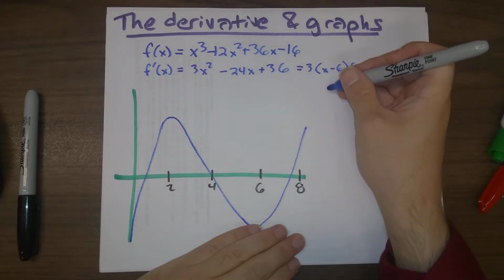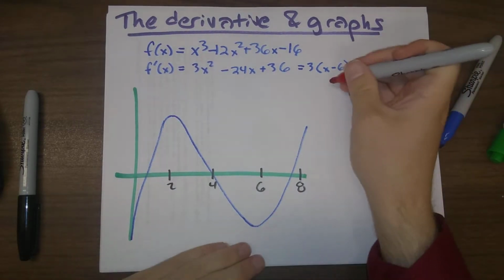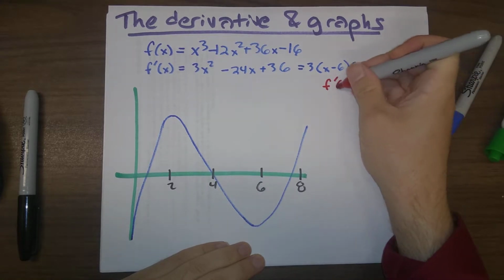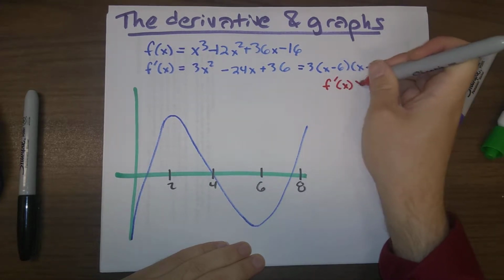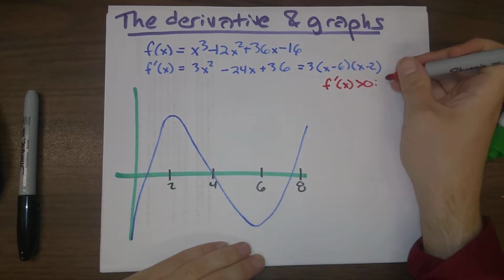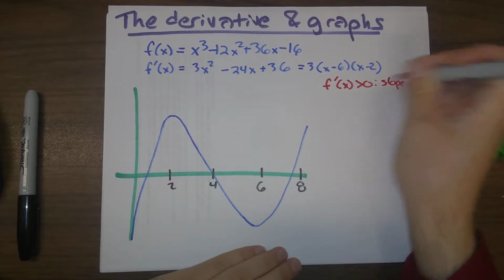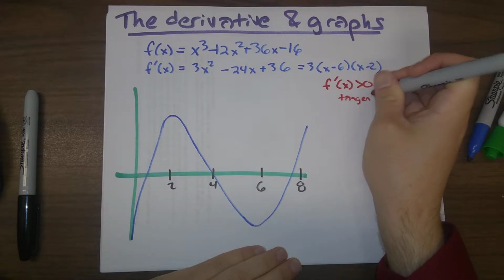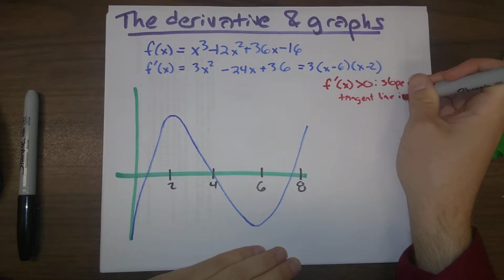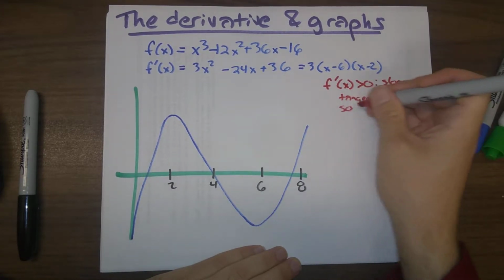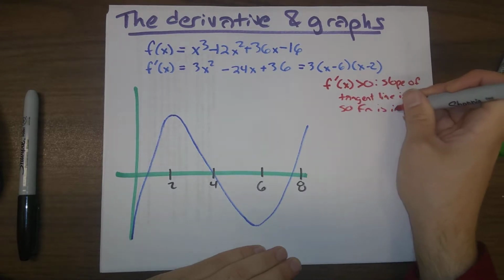So let's remember that when the derivative is positive, this means that the slope of the tangent line is positive, so our function is increasing.